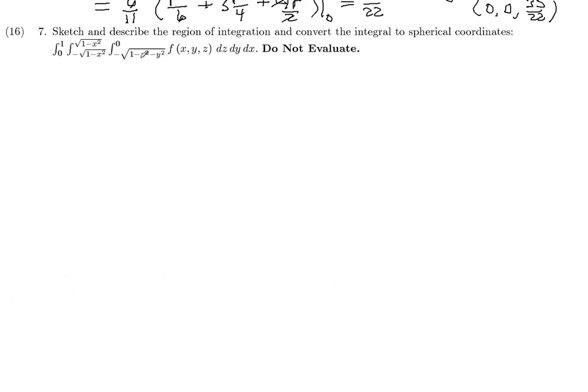Alright, and then last up we are going to sketch and describe the region of integration and convert the integral to spherical coordinates. So I haven't done any spherical yet. So our limits of integration, this order of integration here is dz, dy, dx.